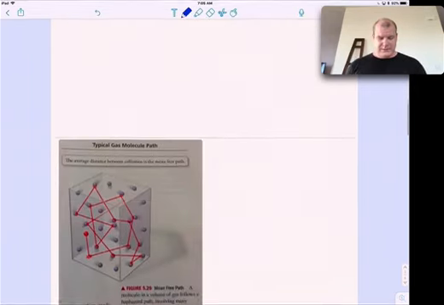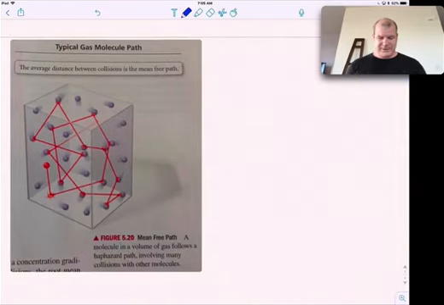And we talked about gases. The mean free path I mentioned is a half a kilometer a second, but it wouldn't go that far just by probability. The average distance between collisions is the mean free path, and it's usually pretty small. So gases in a container are dancing around everywhere.